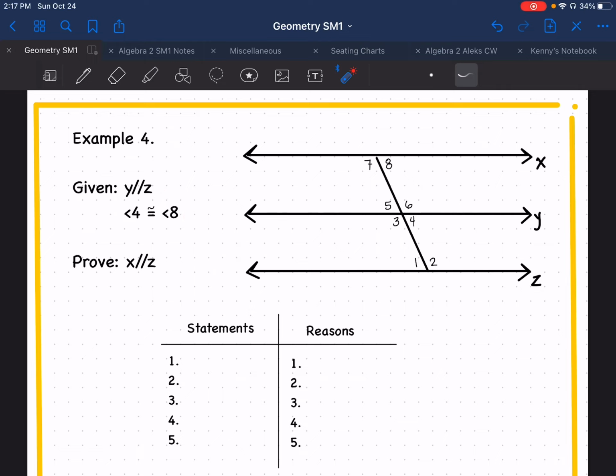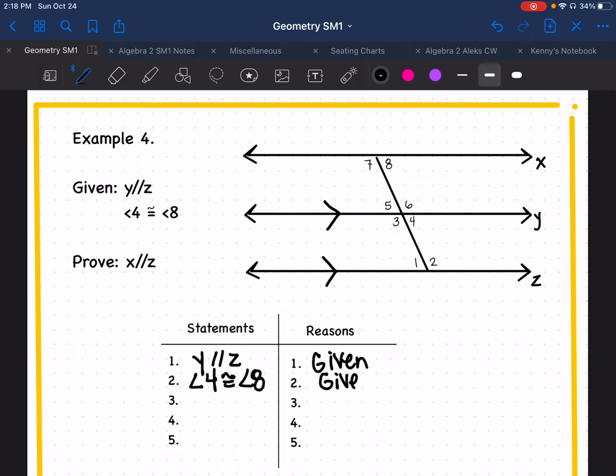So we're going to go ahead and start with y is parallel to z, and this is given. And I could actually go ahead and mark that as well. Then I'm going to do my second given that angle 4 is in fact congruent to angle 8, and this is given.